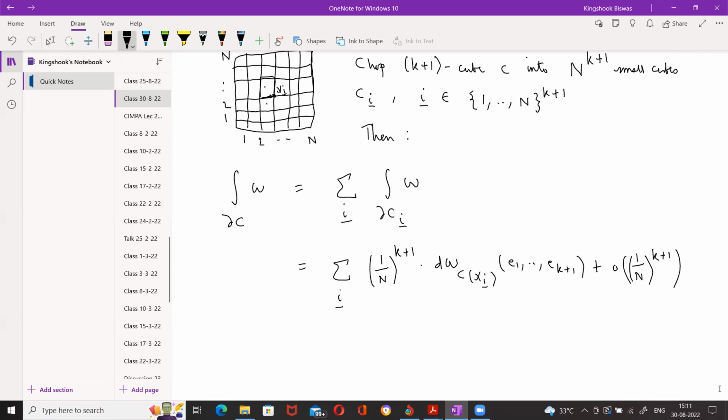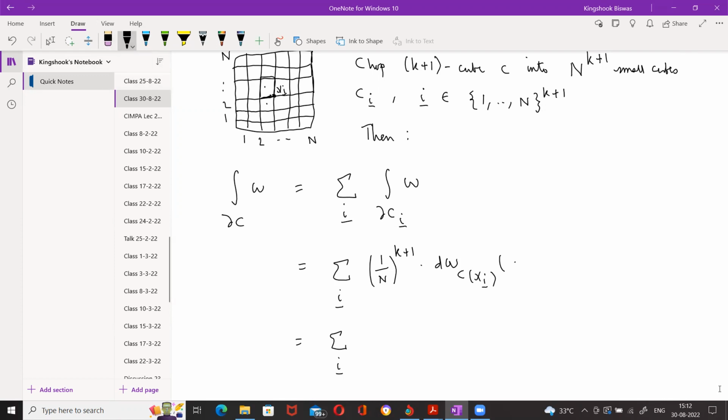So I get this sum here, a sum over I bar. Sorry, this won't be E1 to E k plus 1. This will be DC. I have to take the vectors which are tangent to the face of the cube.